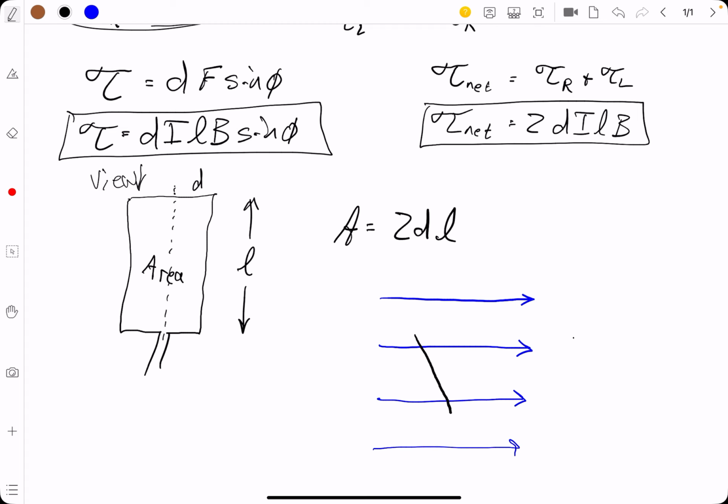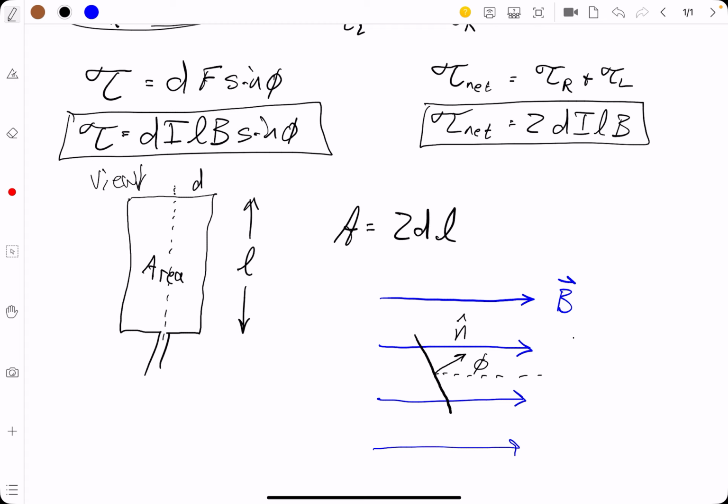Down from the top. So what is the normal to our field? Our normal to our area, I should say. That's the thing that we care about. So our field is B here. We've got our normal there. And of course, the angle that we then care about, this is our angle phi.